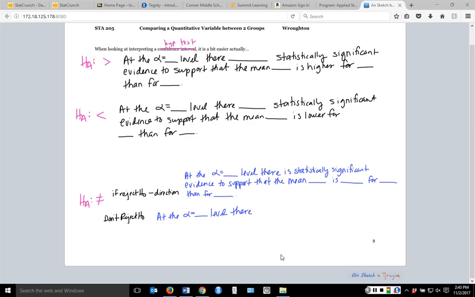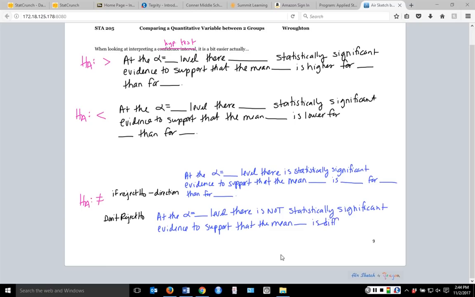And since we're not rejecting, we would say that there is not statistically significant evidence to support that the mean, again, whatever we're talking about, is different.